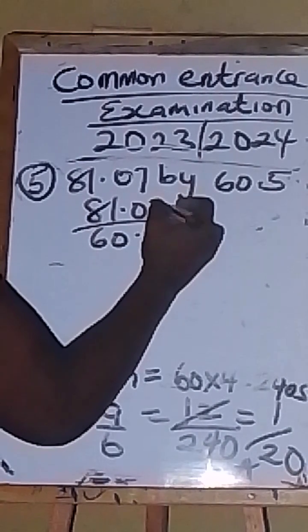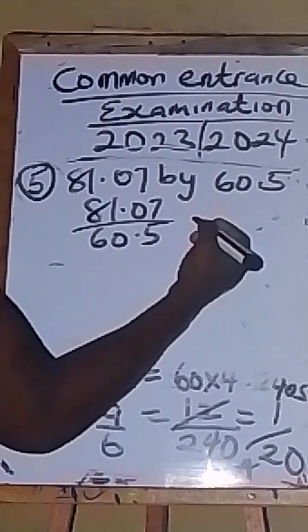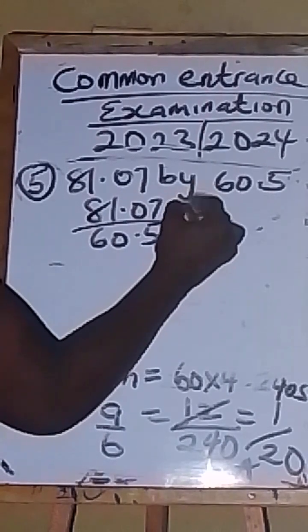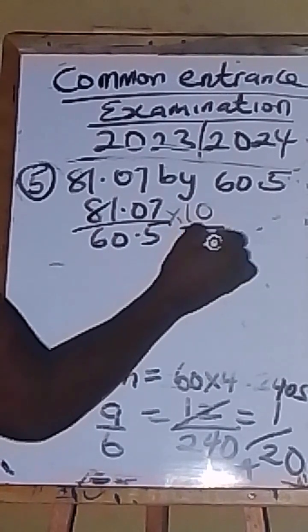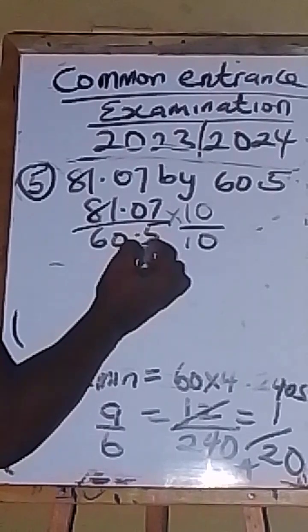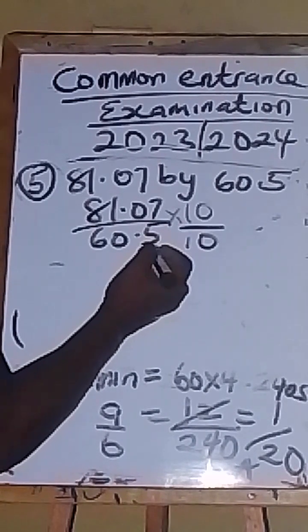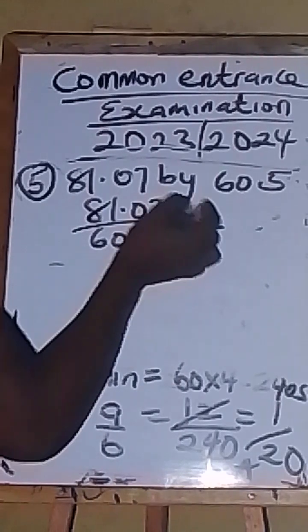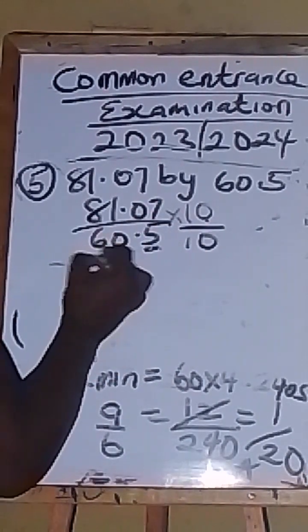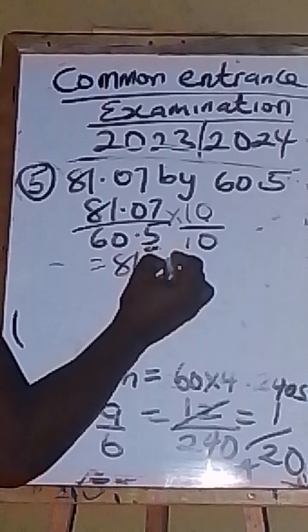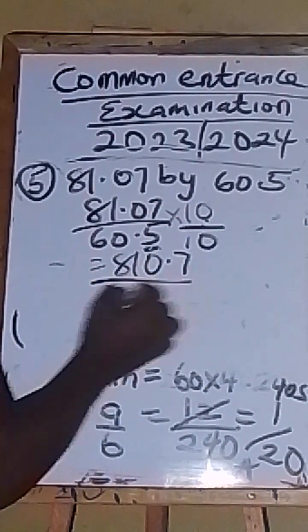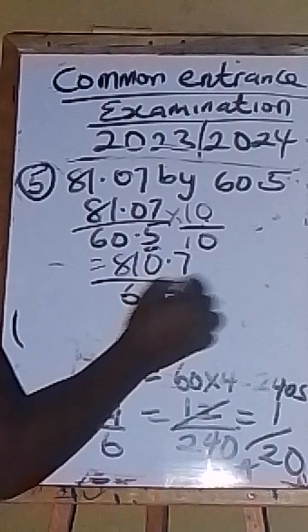We can multiply 60.5 by 10 and multiply the other by 10 so that you don't have anything after the decimal. So this will give us 810.7. You move it once because you are multiplying by 10. You do the same, you move it once.